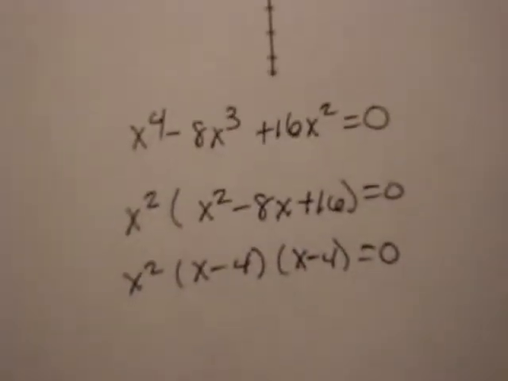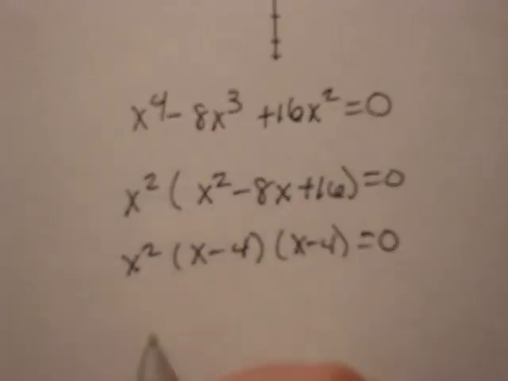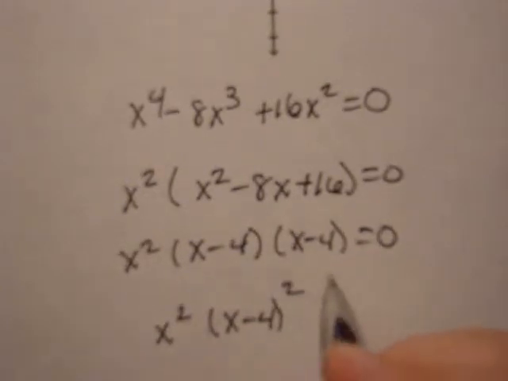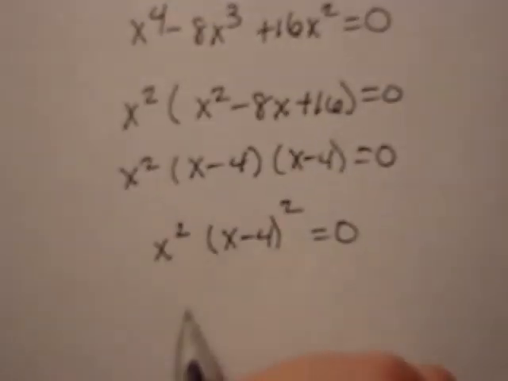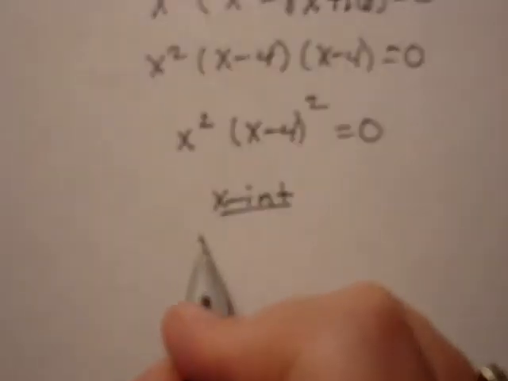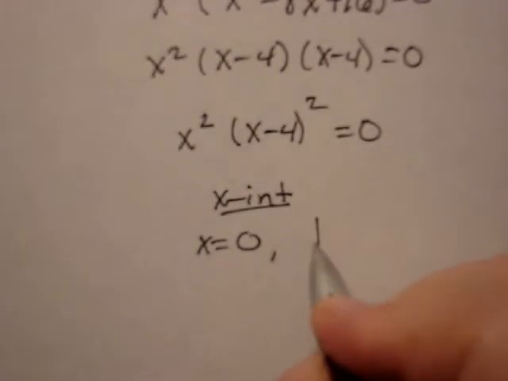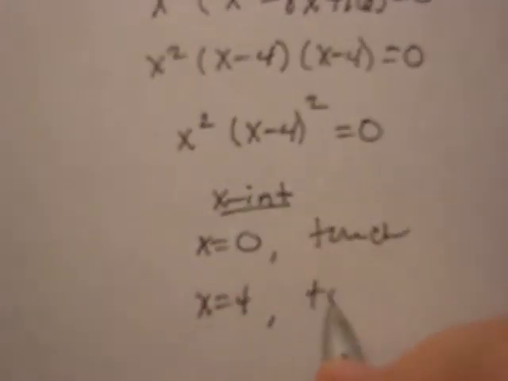We shouldn't leave it like that. This is a repeat on this factor of x minus 4, so I need to condense it. This is x squared times the quantity x minus 4 squared. Now I see that my x-intercepts are at x equals 0, and it's going to touch, and x equals 4, and again it's going to touch there.